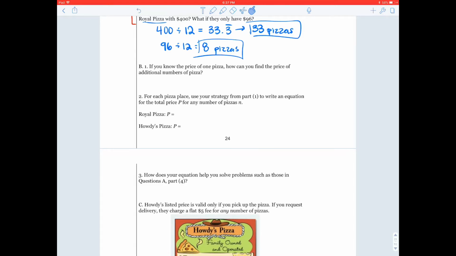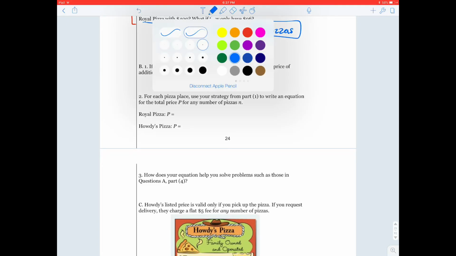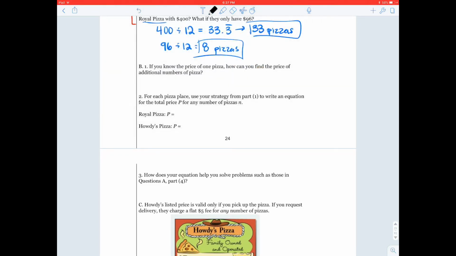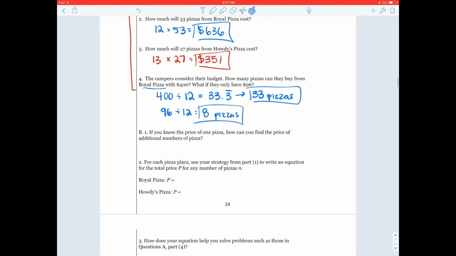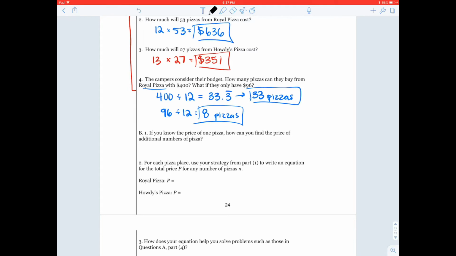All right, here's where we're going to start breaking down the process. So, if you know the price of one pizza, how can you find the price of additional numbers of pizza? I would like you to explain in words how we came up with all of these numbers. For example, in questions 2 and 3, how much will 53 pizzas from Royal Pizza cost? How much will 27 pizzas? Please explain in words, how did you find the price?